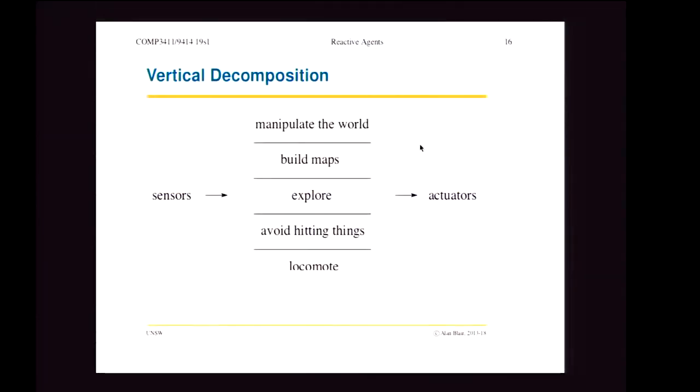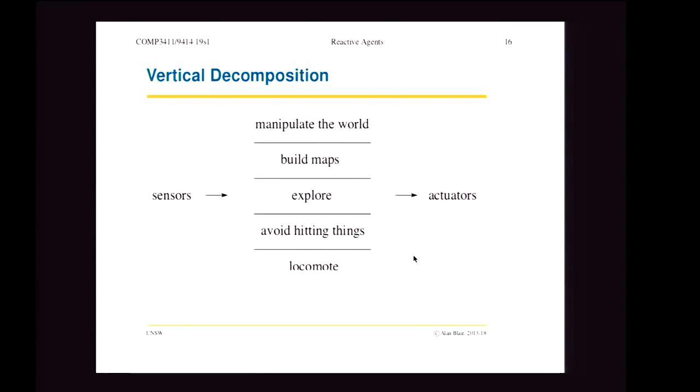So he came up with an alternative plan, which is called a vertical decomposition. We've got 5 layers here. Sometimes this is called a 3-level architecture because it has 3 levels instead of 5. But this has become a very popular thing in robotics.